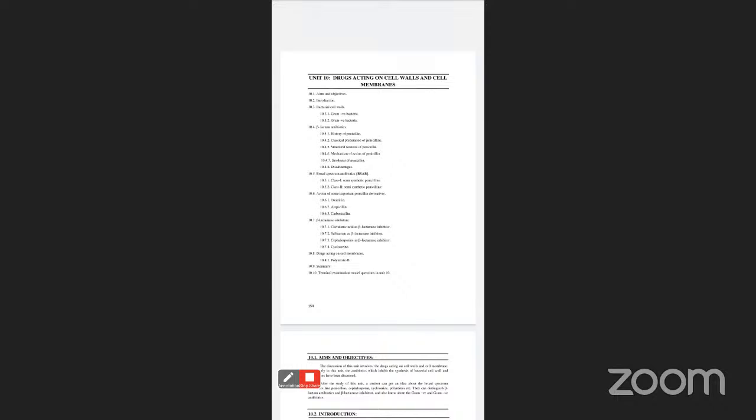In the cell, the cell wall is a very important material which covers the cell. It is the outside wall, and all the cell organelles and the nucleus are protected by the cell wall.